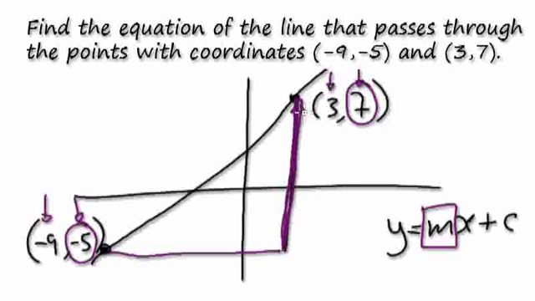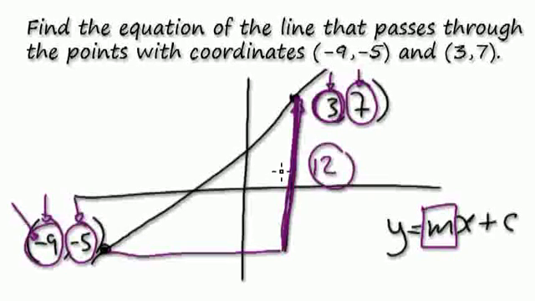Now 7 up and then 5 down: this height would be 12. Now I'm interested in the acrossness, the x here and the x here, even though there's a minus in there. Just ignore the minus for the time being. How would you find this length?